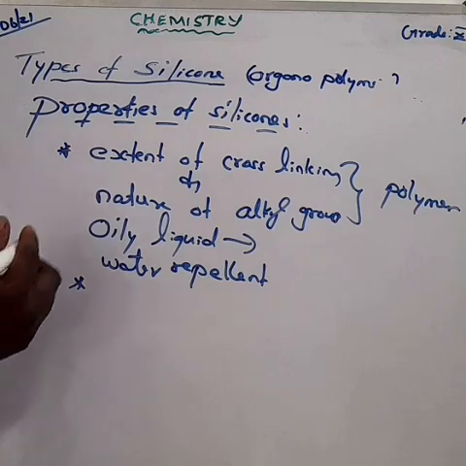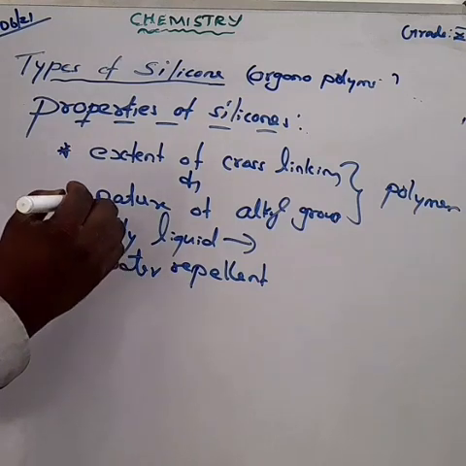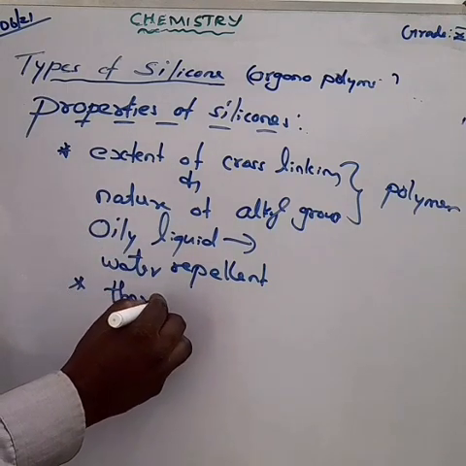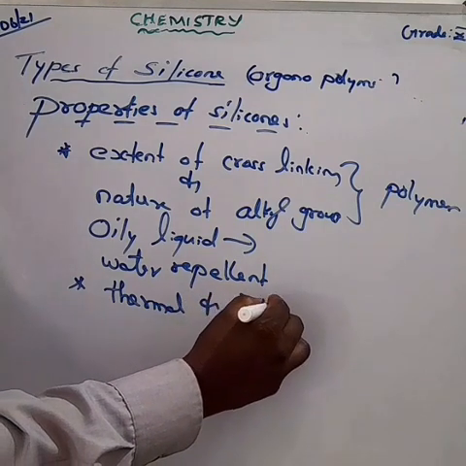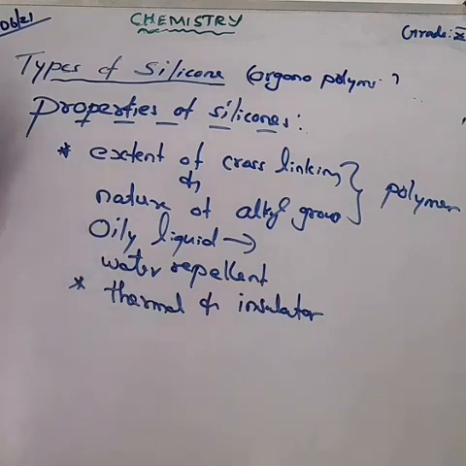Here is one more point about the properties. The silicones are thermal and also electrical insulators. That is why silicones are used as insulating material in electric motors.